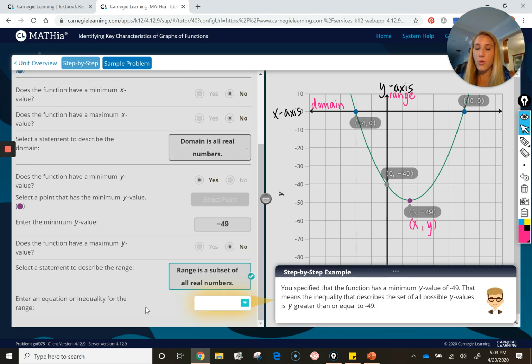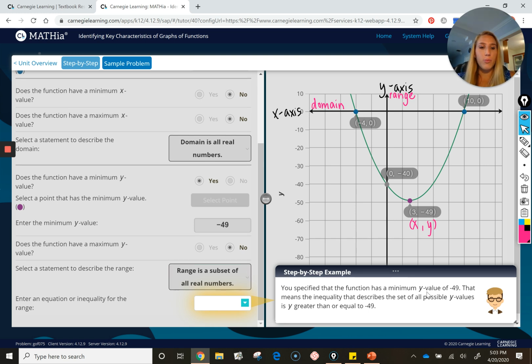Enter an equation or inequality for the range, given that the function has a minimum y value of negative 49. That means the inequality describes the set of all possible y values: y is greater than or equal to negative 49. So it is saying that my graph has a lowest point, and any number on my y-axis that starts at negative 49 and goes towards infinity is a possible solution.